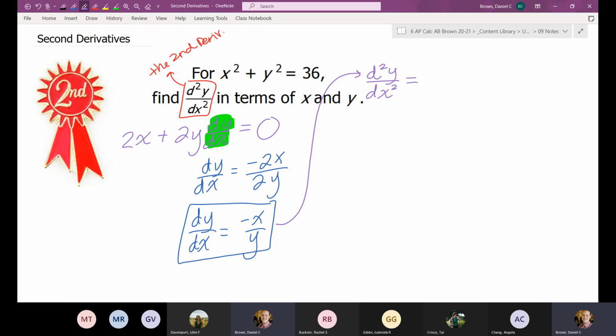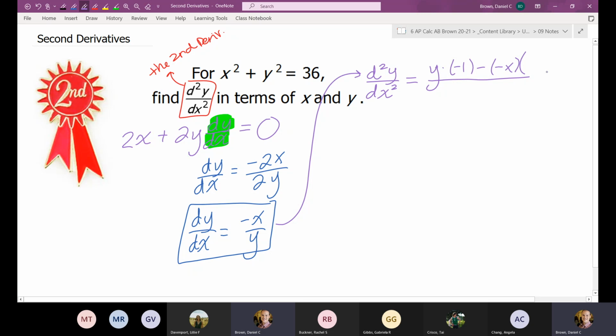Not going to sing you my song, but it's the quotient rule. If you had Miss Kennedy, she told you some story. I don't know the story, but it's the quotient rule. Looking at this one, take the derivative. I have low d high, less high d low.